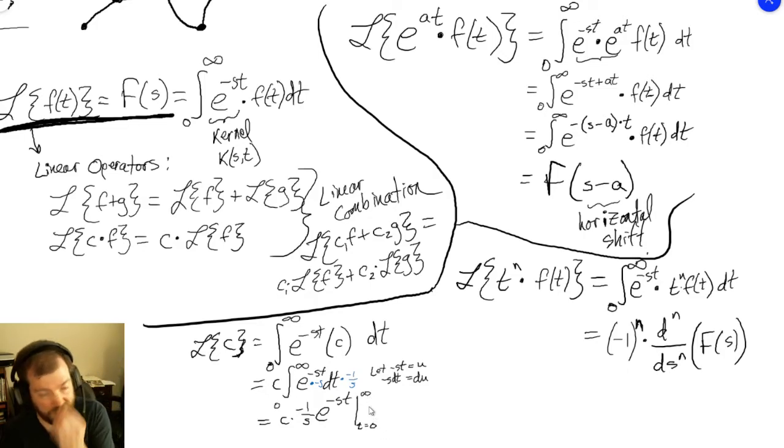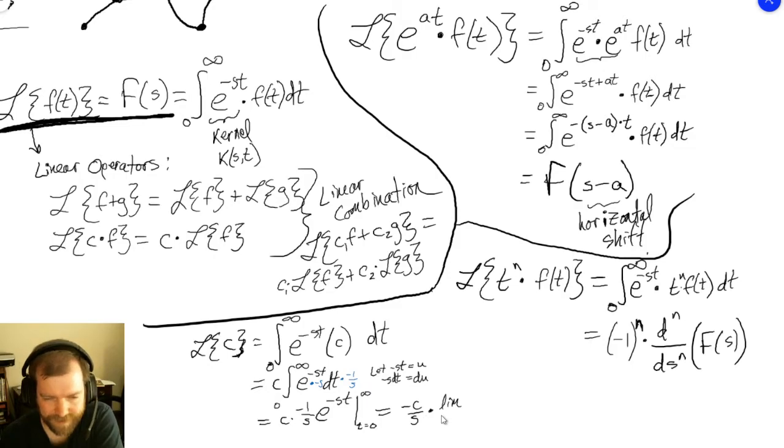Technically, you can't do that, so you have to take a limit, and yada, yada, yada. Anyway, negative c over s times the limit as t goes to infinity. I guess technically we use a constant here, but I always hated this part.